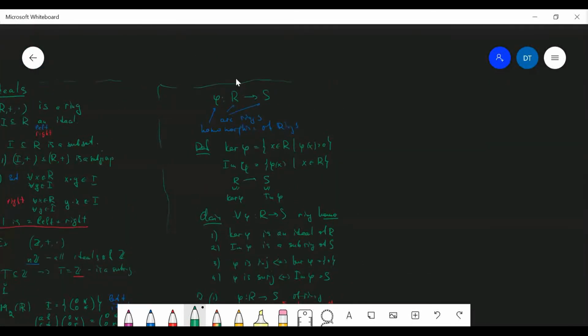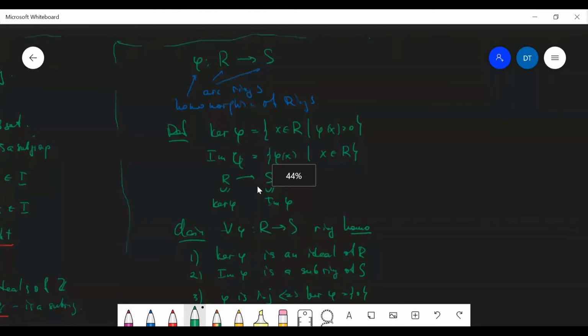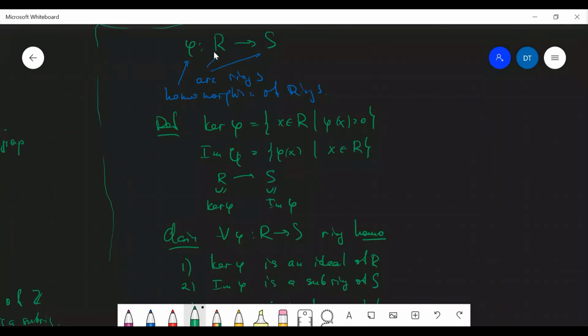Okay, so the definition here. Yes. I don't really understand why we have kernel of phi is a subset of R. Okay, first of all, what is phi? Phi is a map, a rule taking elements from here to some elements from here.